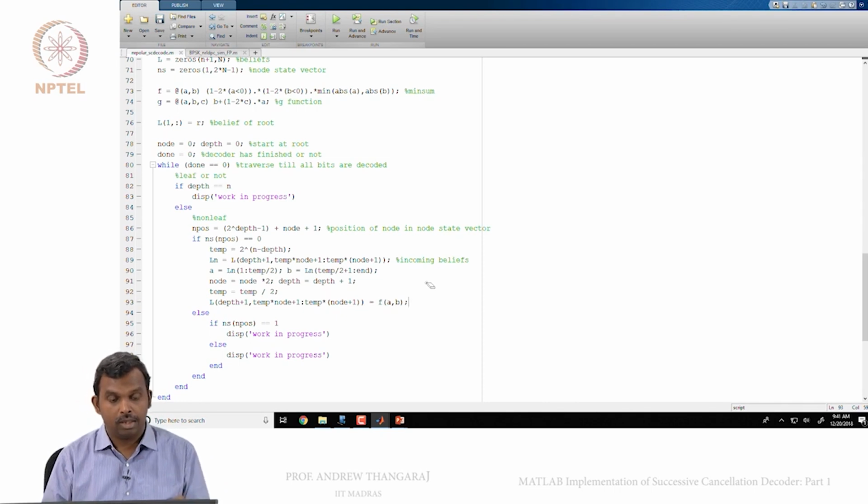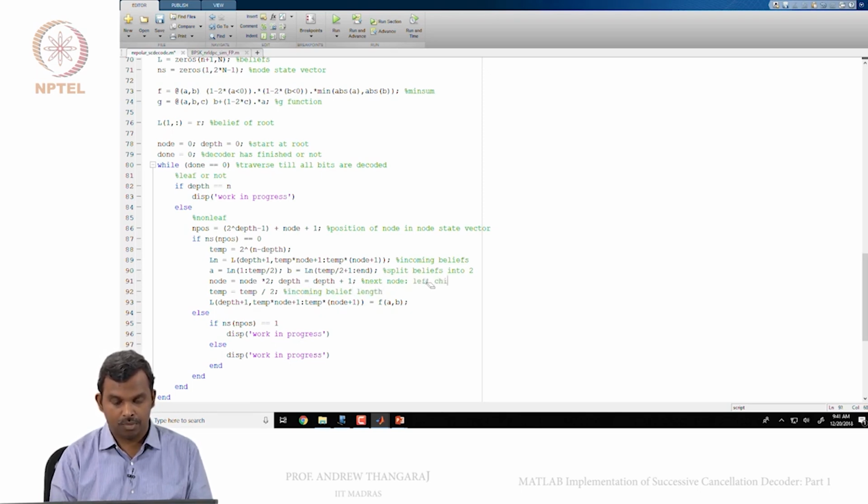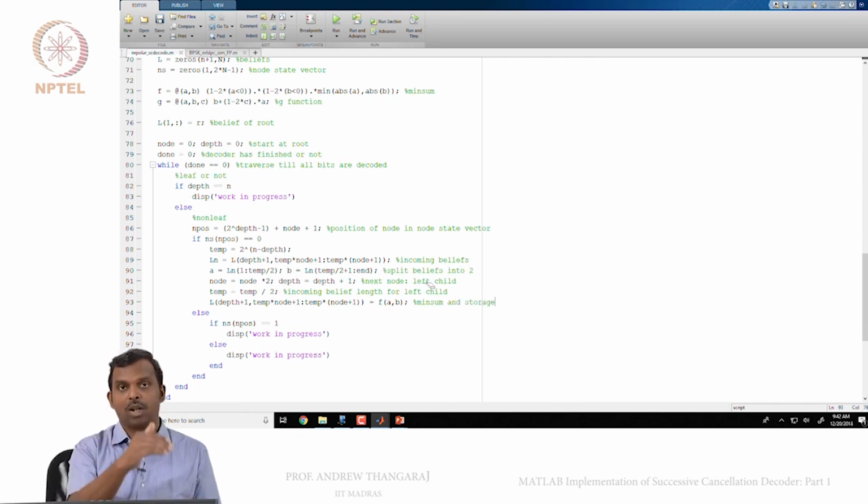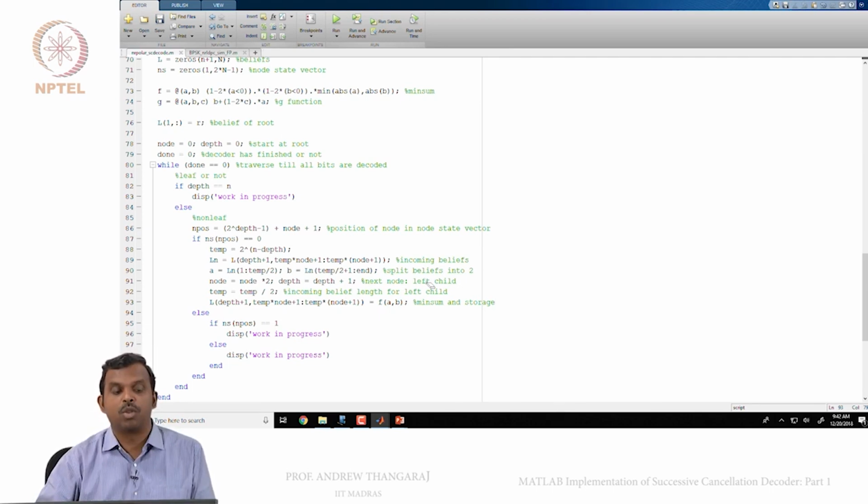So this is the next node: split beliefs into 2, next node, incoming belief length, next node remember is left child, for left child, and then min sum and storage. So you have to do the min sum calculation and store it back also, that is very important. So this is the step for state 0.